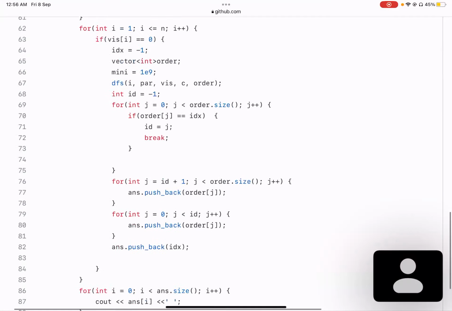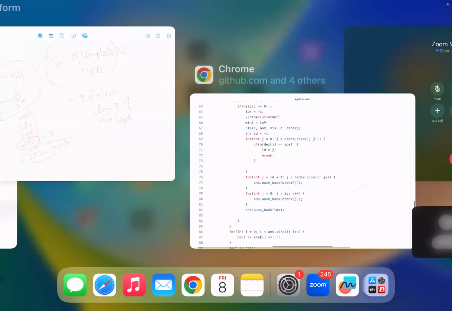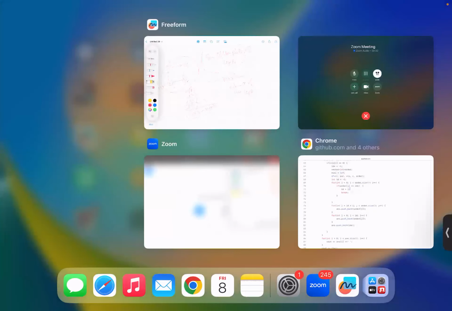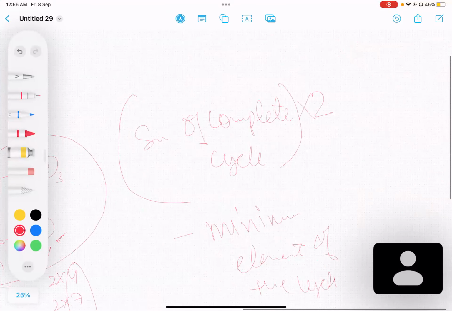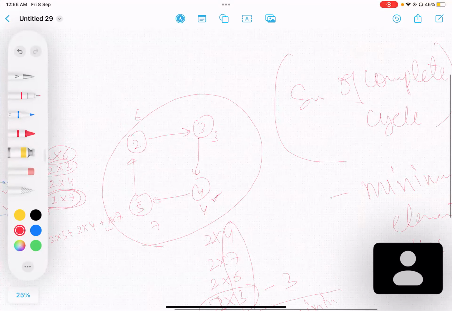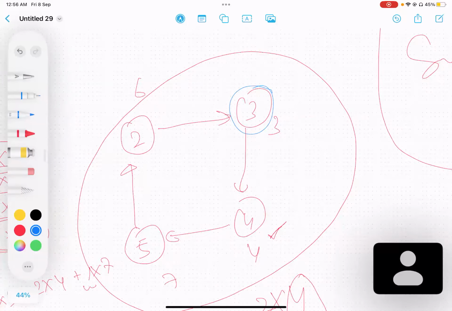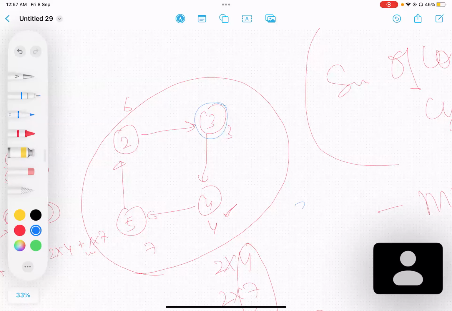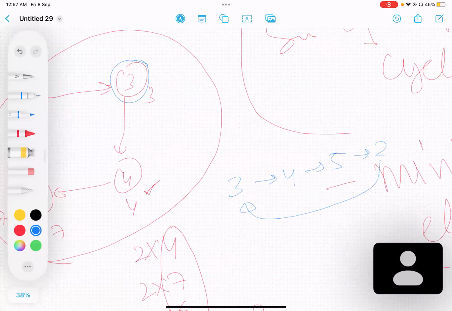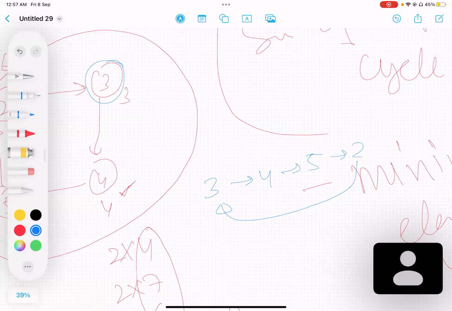So if we talk about the order, let's say this was a cycle. If we know the complete cycle, we know the pattern of the cycle is first 3, after that 4, then 5, then 2, then again 3, right? So what I am doing is I am finding the element which has the minimum value.